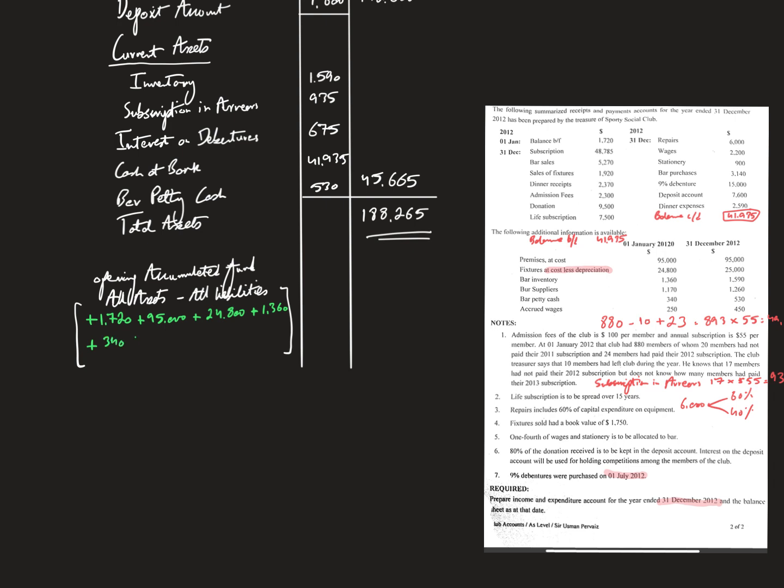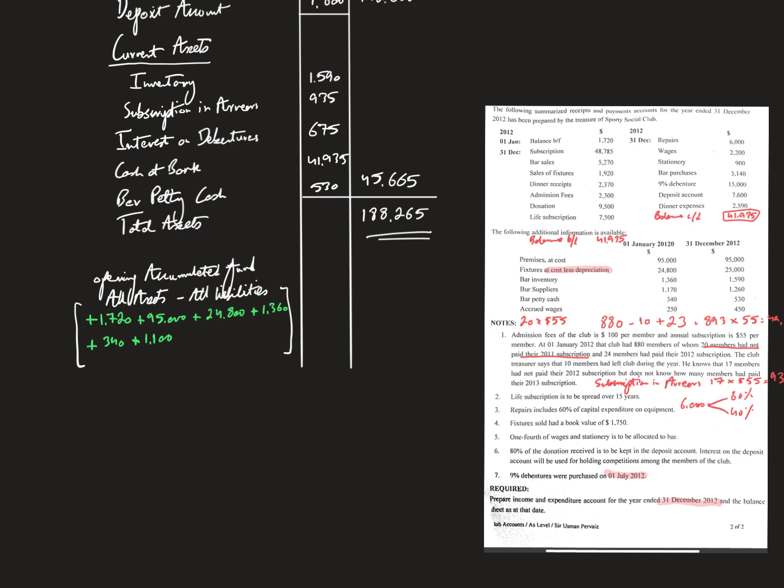Okay. Subscription in arrears कितना आया था opening? Members had not paid their 2011 subscription. तो ये arrears कितना आया था? 20 multiplied by 55, कितना? 1100. That was my opening subscription in arrears. हमने subscription account बनाया था, उसमें brought down debit पे आया हुआ था.